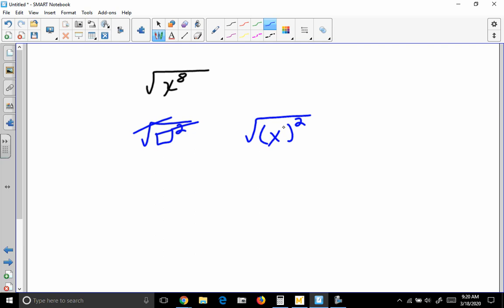So remember, if we have a power here and a power here, they multiply together and they need to multiply to make 8. So what number times 2 makes 8? 4. 4 times 2 is 8. So when we take the square root of that, the square root and the square cancel. So we get x to the 4th.